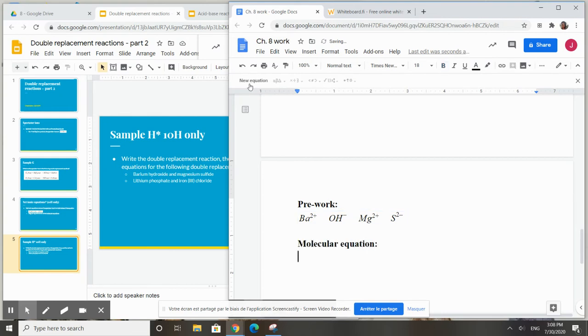It's the molecular equation. I'm not going to do this super in detail since we have the whole other video of it, but I'm crisscrossing Ba with OH. Don't forget the parentheses around hydroxide since it is polyatomic.